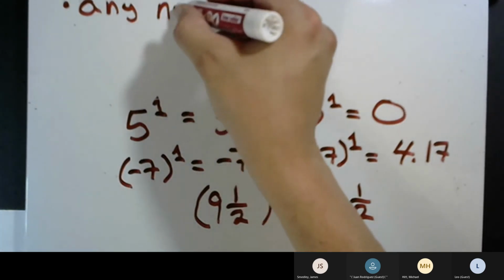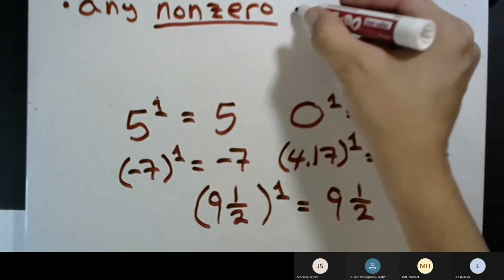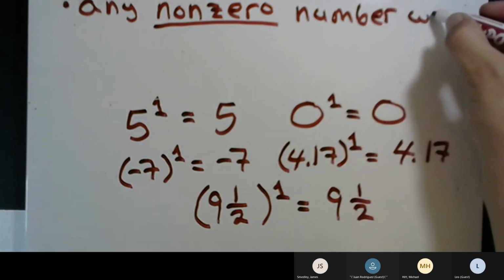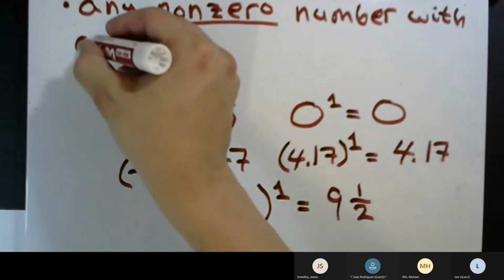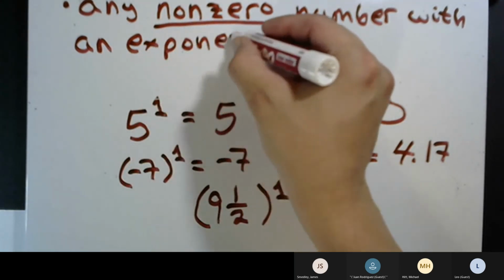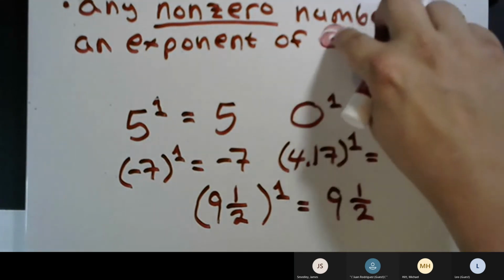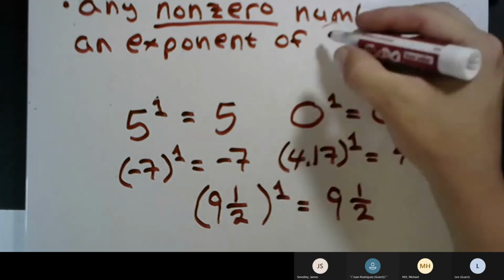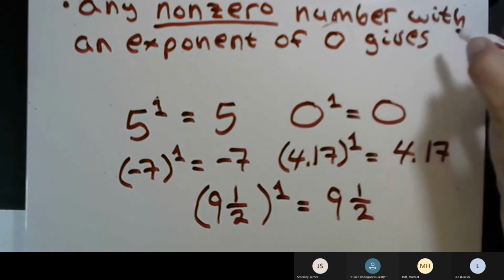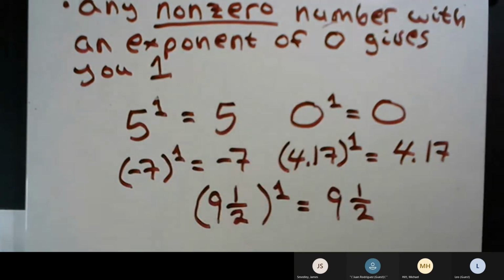So any, and here's the key thing, non-zero number with an exponent of, I'm sorry, 0, gives you one.